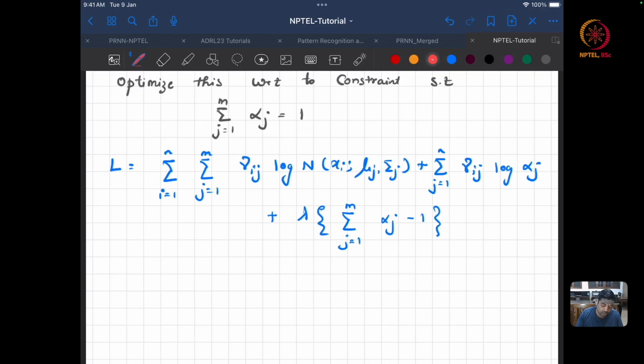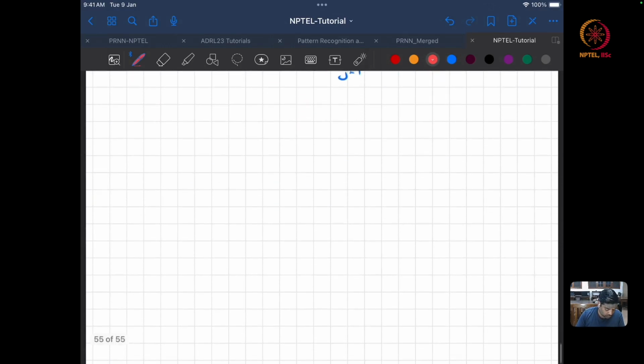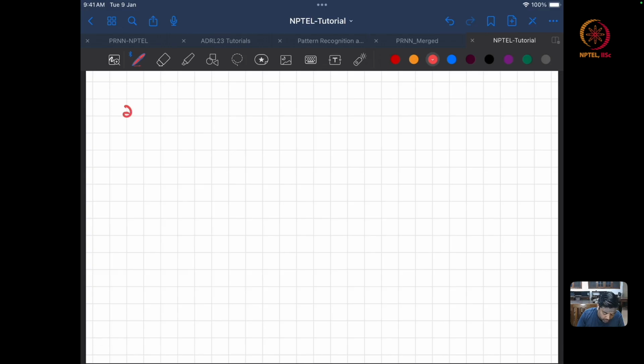Okay, first I'll take the partial derivative of this with respect to alpha j and equate it to 0.